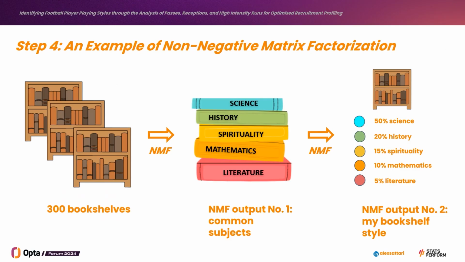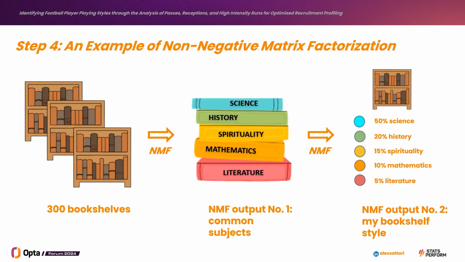And then let's say that our NMF finds common patterns in these bookshelves for us: science, history, spirituality, math, and literature. Therefore, after that, we can identify the style of bookshelves based on these patterns. For example, my bookshelf's style is that 50% of the books are science, 20% are history, 15% spirituality, 10% math, and 5% literature.